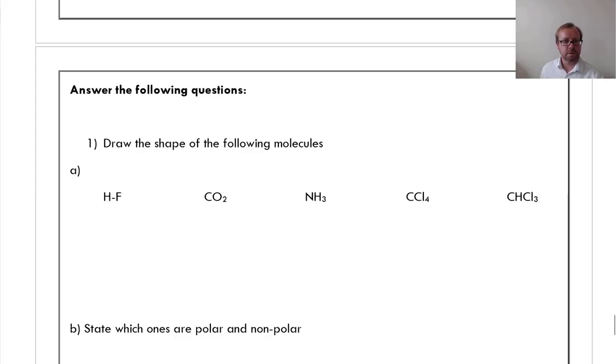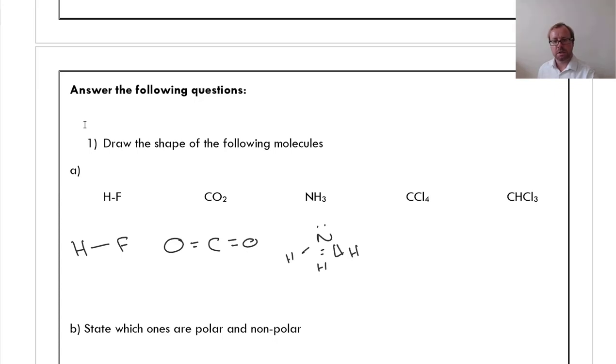So our first one, hydrogen fluoride, is linear, HF. Carbon dioxide would also be linear. Ammonia would be trigonal pyramidal.